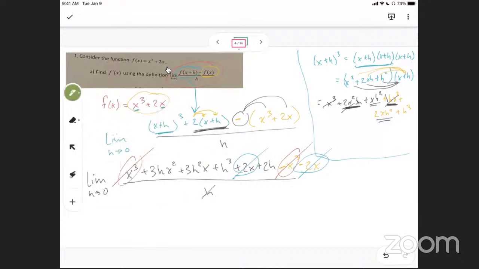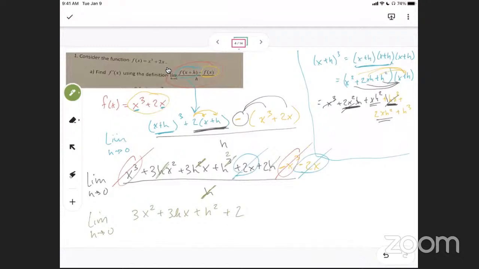I'm going to take an h out of this, so that's just one h there, out of this, so that becomes two h's, and out of this, so that just becomes 2. Did you follow that? Yeah. So this is the limit as h goes to 0 of 3x squared plus 3hx plus h squared plus 2.